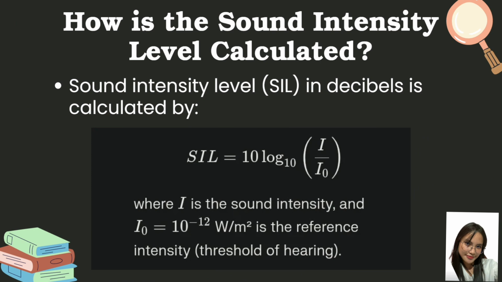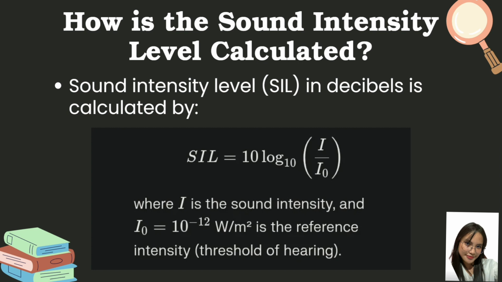Next, how is the sound intensity level calculated? To make this simpler, we use the formula for sound intensity level in decibels. So that's the formula. Here, I is the actual sound intensity, and I sub O, or I naught, equals 10 to the power of negative 12 watts per square meter, is the reference, or the quietest sound a normal human ear can hear.